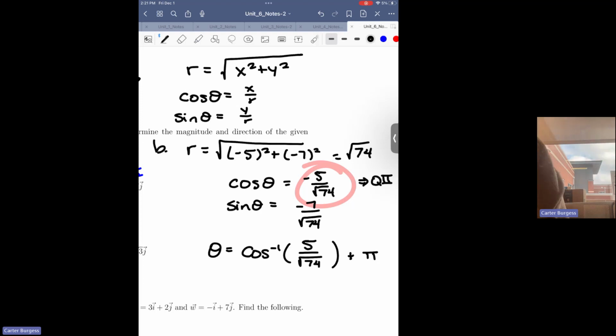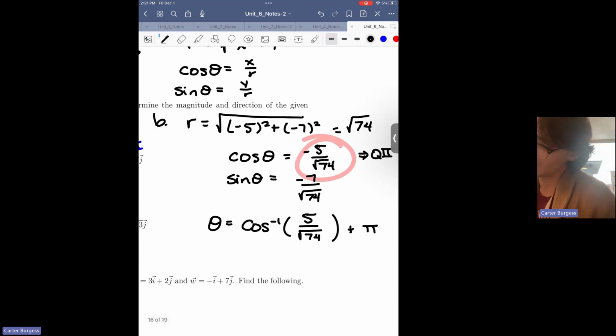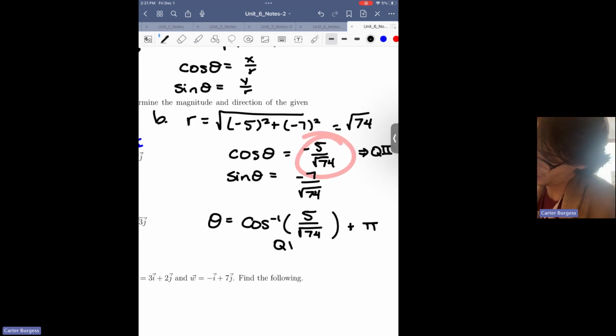We said, okay, hold on a second. Rather than doing that, let's start in quadrant 1. We're going to use the reference angle, so we'll use the positive version to keep us in quadrant 1. Then we're going to add pi to it, and that will rotate us. So this is the Q1 reference angle.